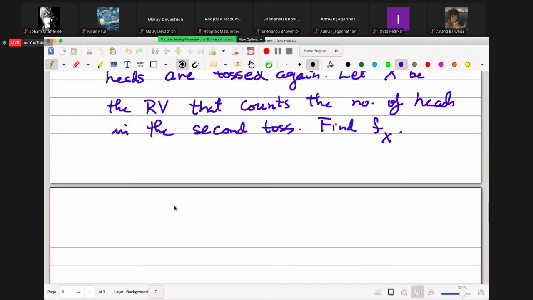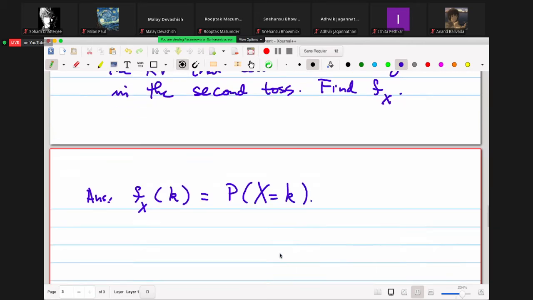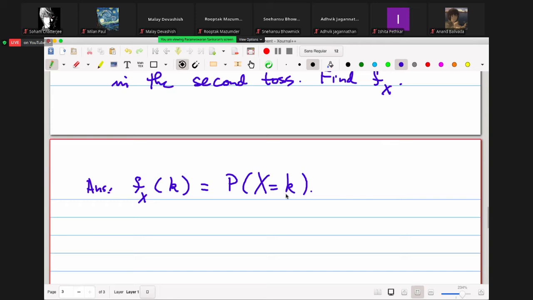So here, let's say the following. f_X of k is equal to, by the definition, the probability that X equals k. This is the second toss. If you knew that the first toss resulted in L heads, then you know how to compute it.